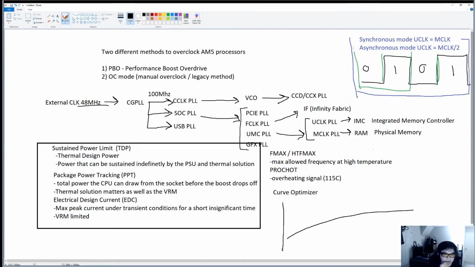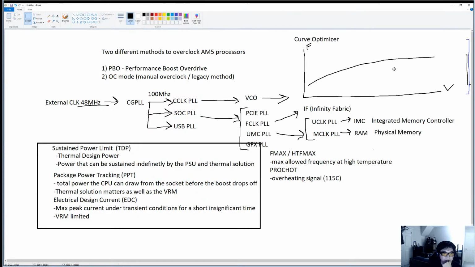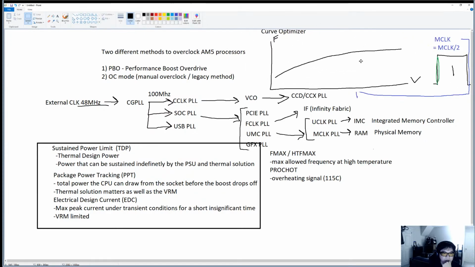Essentially, down here we'll say this is the voltage and this is the frequency. Oh, you can't even see the voltage because I'm blocking it. Let's just move this up here.